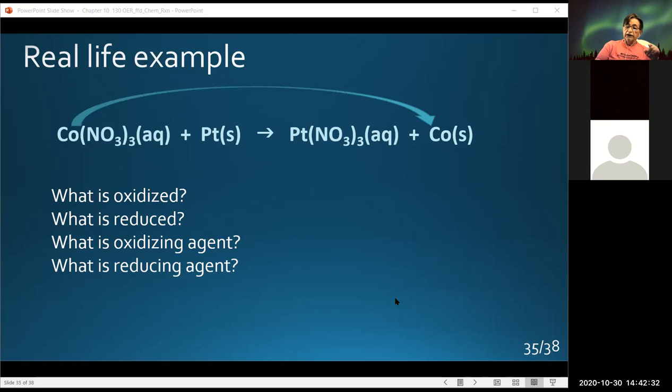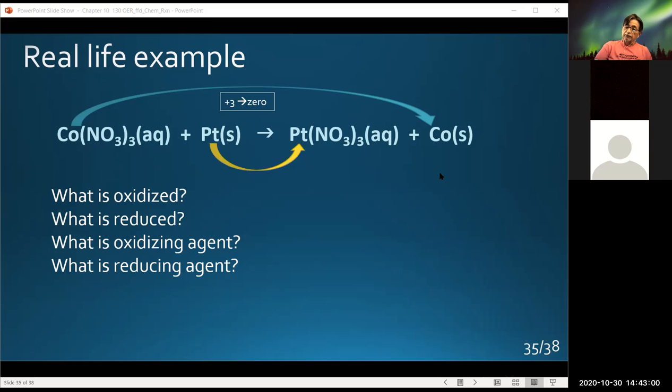Cobalt went from a +3 state because there's 3 nitrates around it, and we know the nitrates each are -1. So that means that cobalt in this state has a +3 oxidation state. But this is a single replacement reaction. And so cobalt went from a +3 to a 0. Okay.